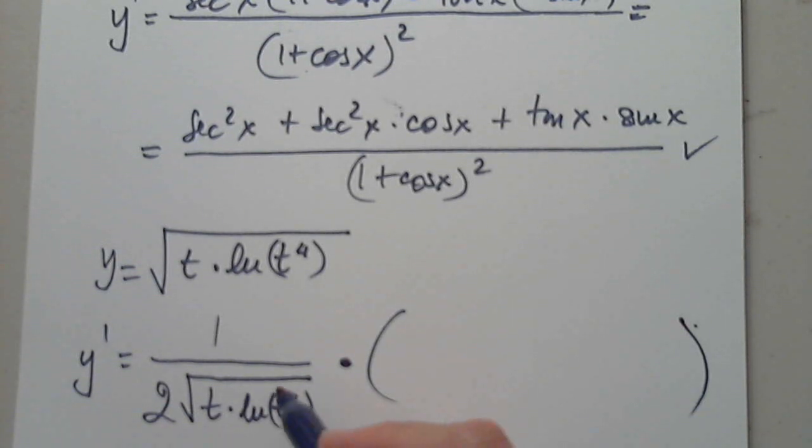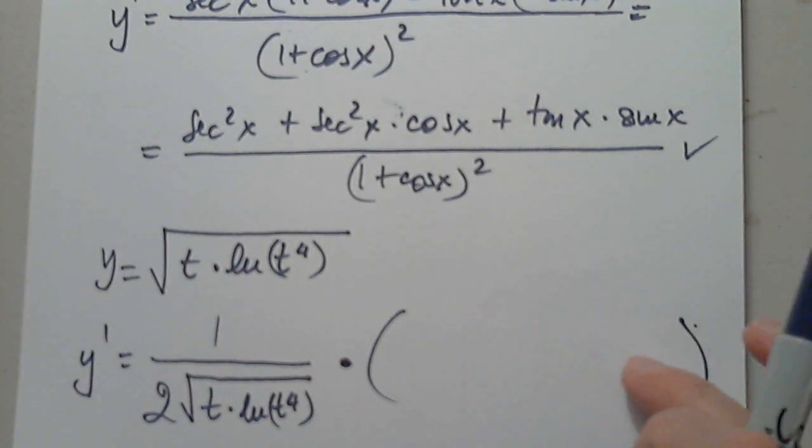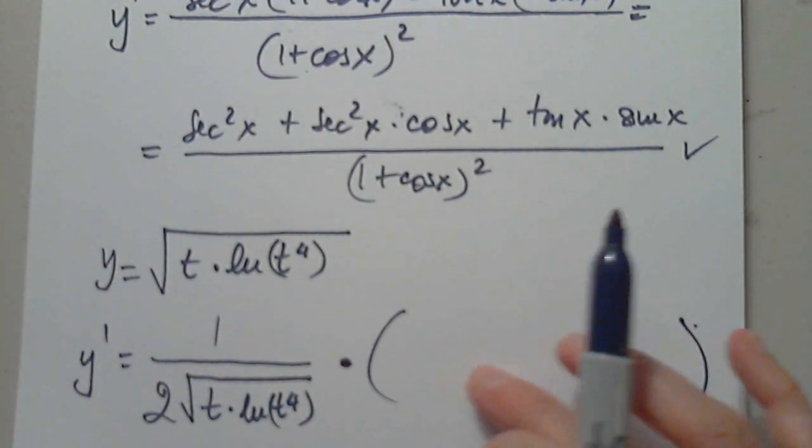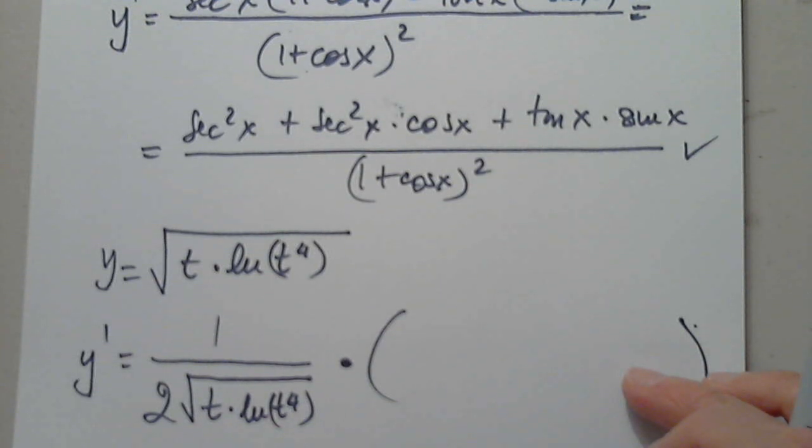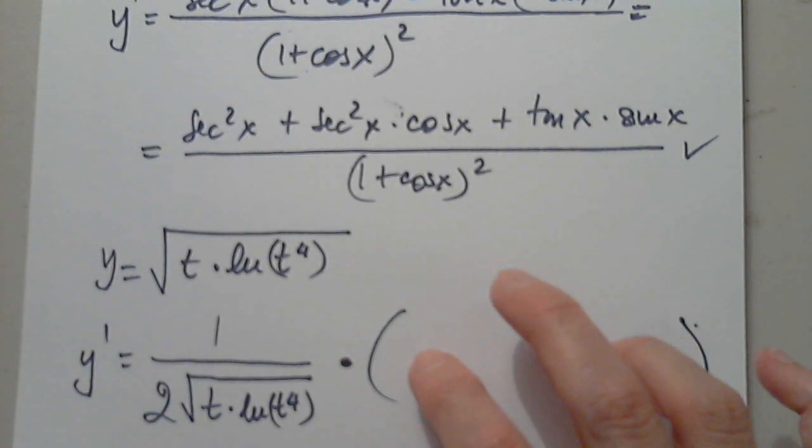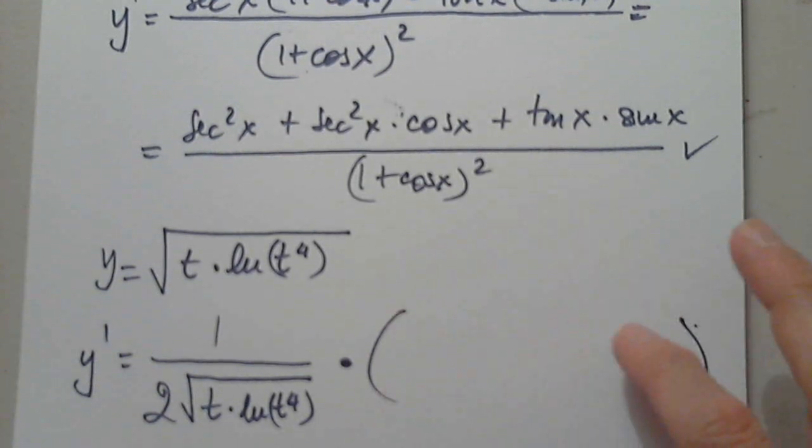See, if this were x, I would have stopped here, but this is not x. So times what? What do I have to write in here? What am I expected to write in parentheses here?